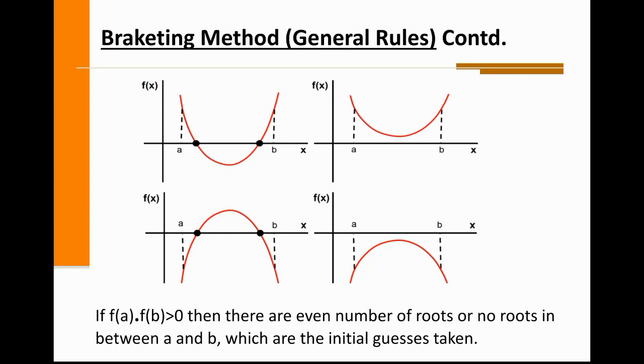If at a the function is negative and at b the function is positive, or vice versa, then there must be an odd number of roots. And the second rule is that if at both ends, at a and at b, the function value is either positive at both or negative at both, then the number of roots will be even. These are the two rules for the bracketing method.